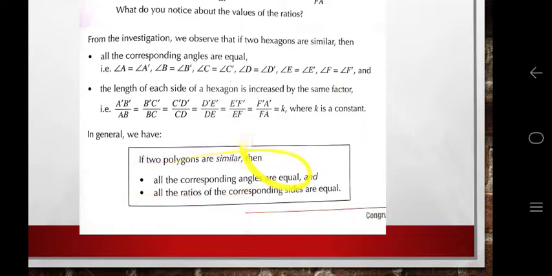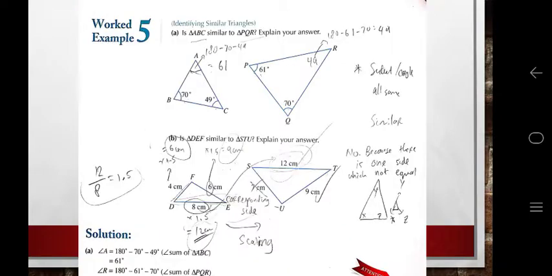All corresponding angles are equal. All the ratios of corresponding sides are equal. It is very important to notice that they might not have the same length of sides, but the ratio must be the same. I'll show you why.